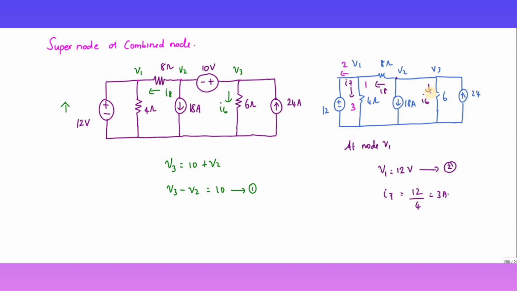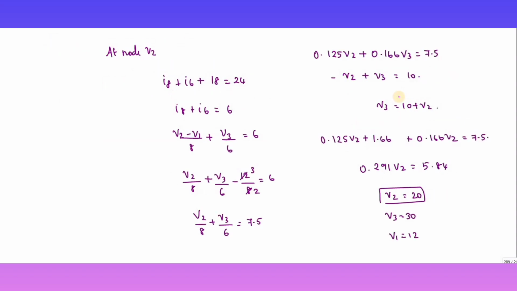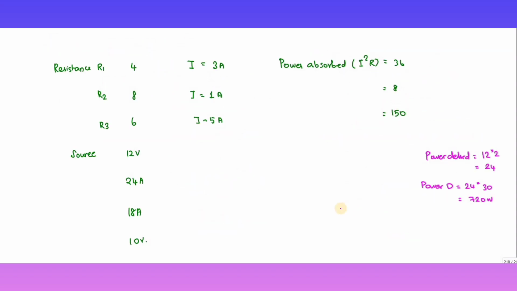This is nothing but V2 into 18. What is V2? V2 is 20. So the power absorbed is 18 into 20, that is 360.